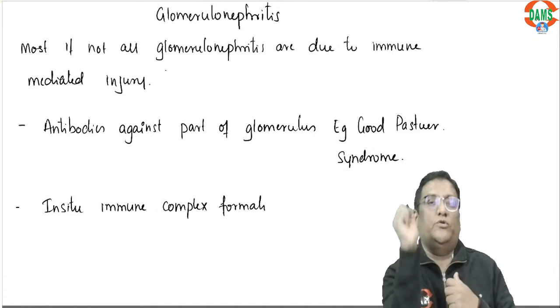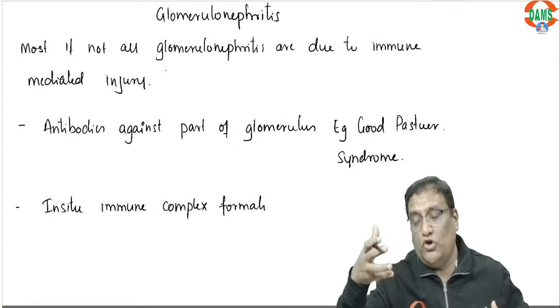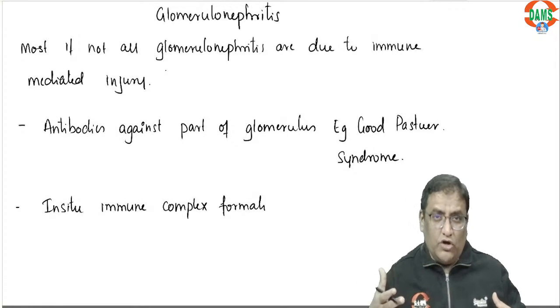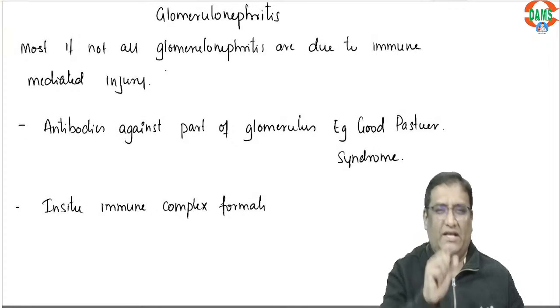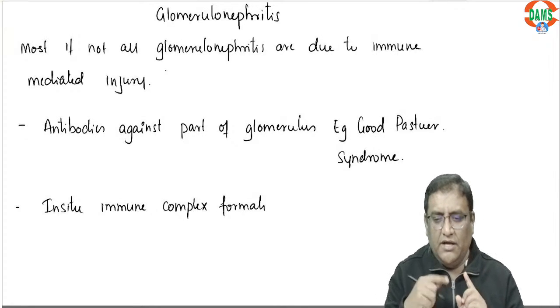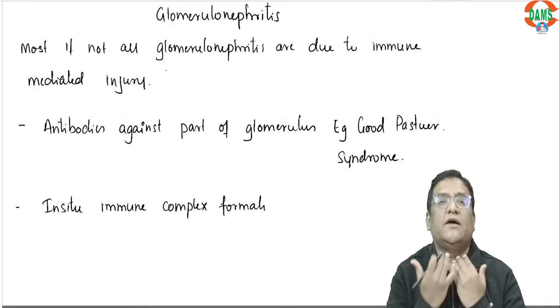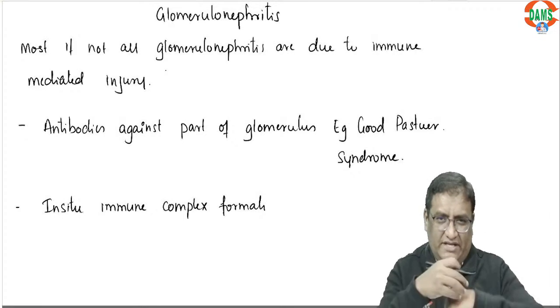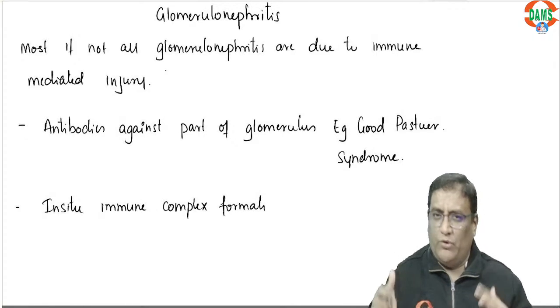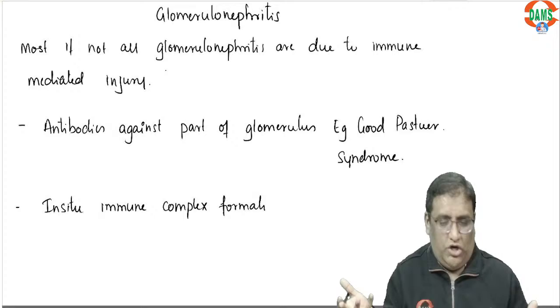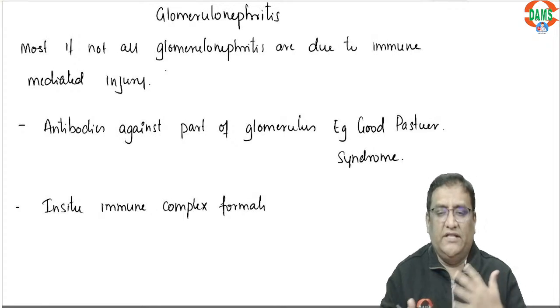What is an in situ immune complex? In an in situ immune complex, the immune complex formation happens in the kidney only, that is, at the site. Take PSGN as an example. Let me explain PSGN, post streptococcal glomerulonephritis. The patient has an infection by streptococcus either in the skin or in the throat, pharyngitis. Streptococcus produces some proteins, antigens, SPEB we call it, and it keeps secreting these proteins.